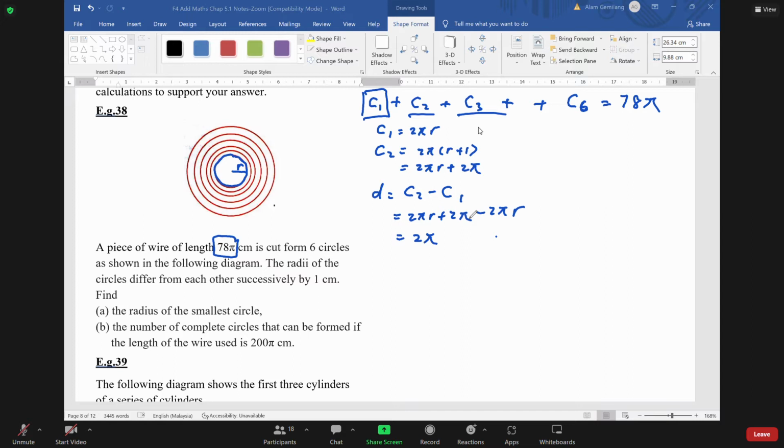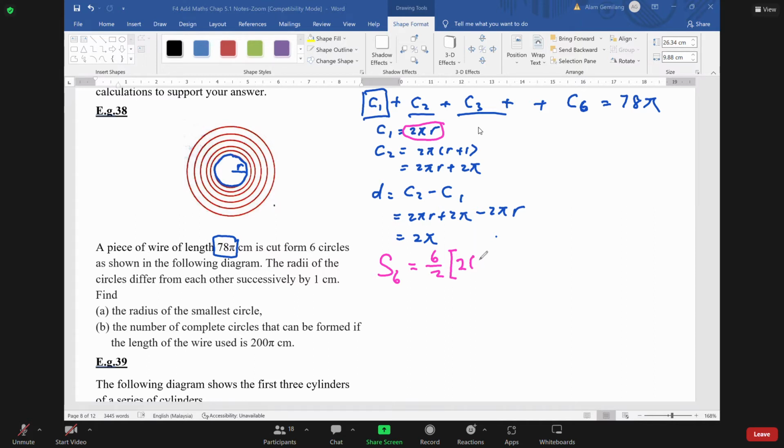Okay, so now you just sub in. Now, you have 6 circles, right? So then you find S6. So S6 is 6 over 2 times 2A. A is 2 pi r, right?